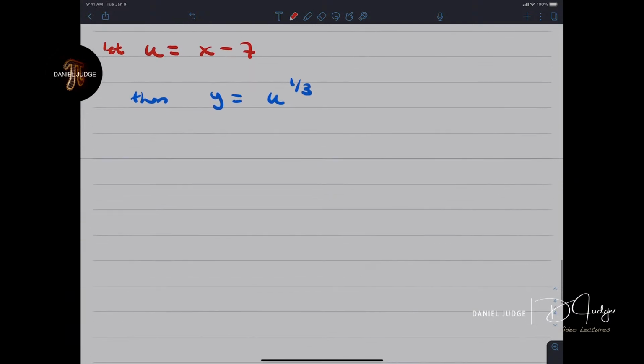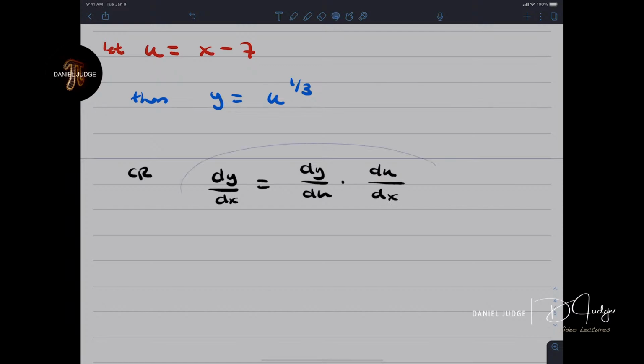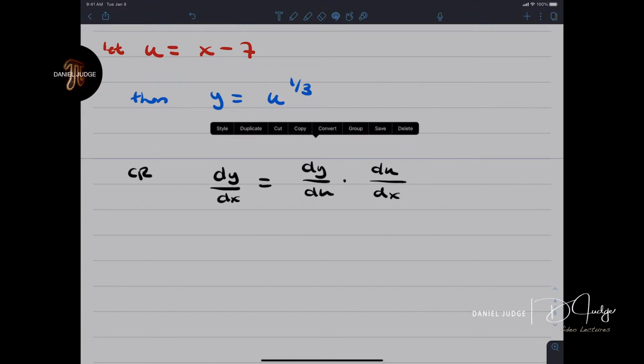Okay. Chain rule now. So if I want, I'll write down chain rule. Dy dx, dy du, du dx. I think I'll copy this for the future.